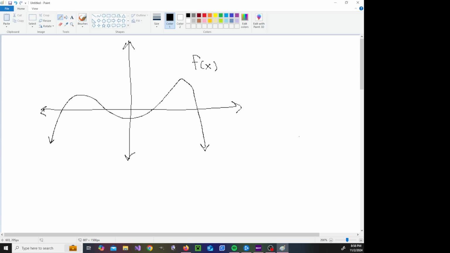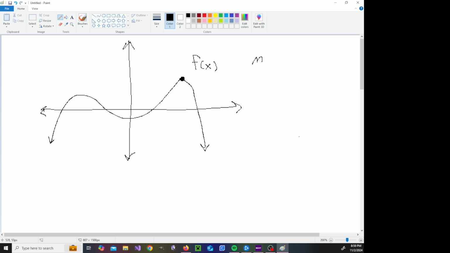So for that reason, we like to talk about maximum values. This section is going to introduce a lot of ideas about handling and interpreting these maximum values, but we also sometimes care about minimum values.